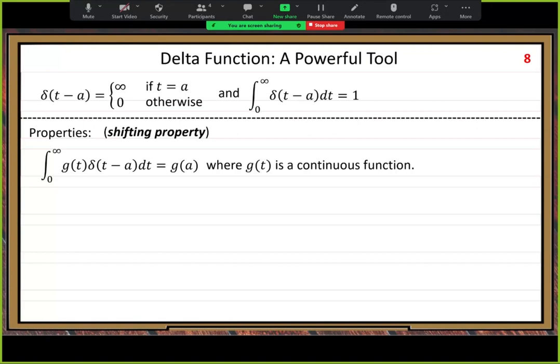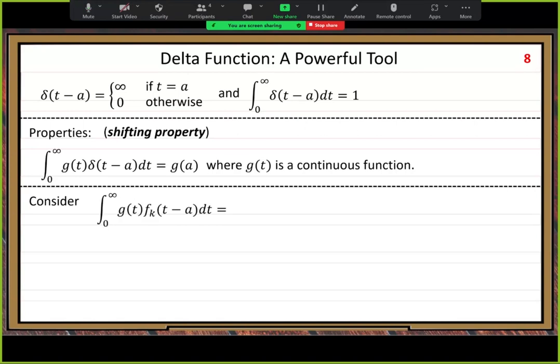That's a nice property of the delta function. Here I can prove it. The proof is very simple, just a one line proof. Let me explain the proof. I want to convince you it's correct.